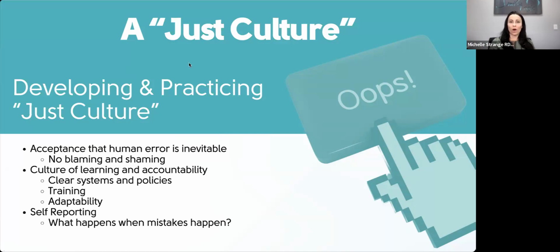That's better than who made the mistake? Who did this? Was it you again, Michelle? What I want you to think about is shifting that focus from blame to how we can make this improvement. This change in mindset really does encourage team members to start to report mistakes and near misses, because they know the goal is to learn and prevent.